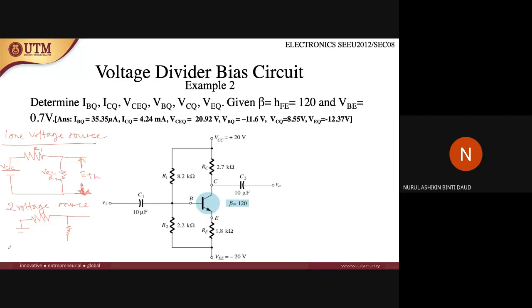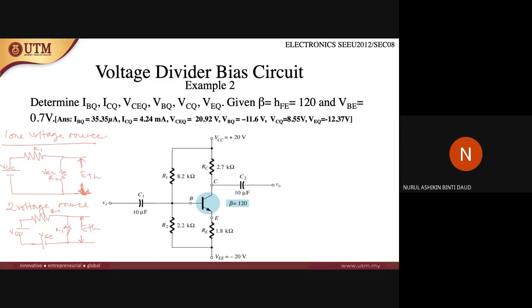And the other voltage source is here, which is VEE here. VCC, VEE. So this is R1, R2. So here is ETH. Okay. So now let's look here, yeah.